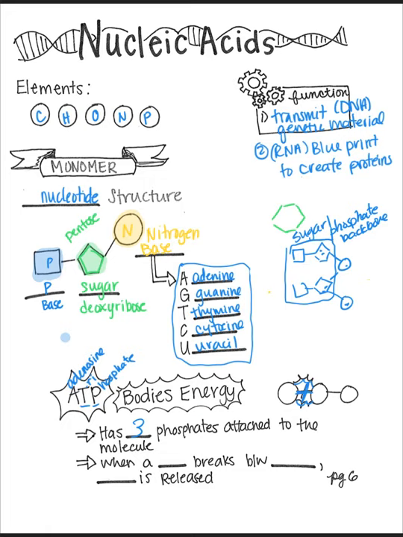And when you break a bond, you're releasing energy. So when a bond breaks between phosphates, energy is released. And that's the energy, when I talk about cellular energy, that's where we're getting it from, is that ATP being busted apart.